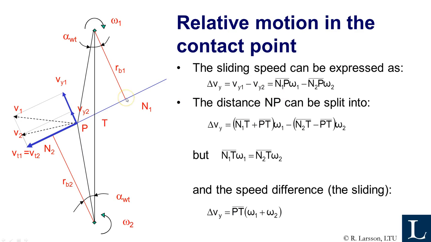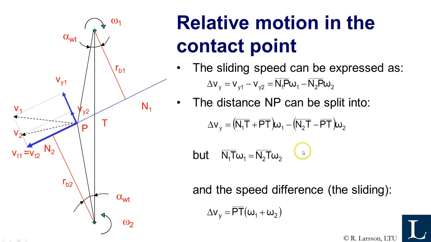We can split the np distance for wheel 1 and wheel 2 into two parts. It's the nt distance plus the pt distance, the n to p and the pt.